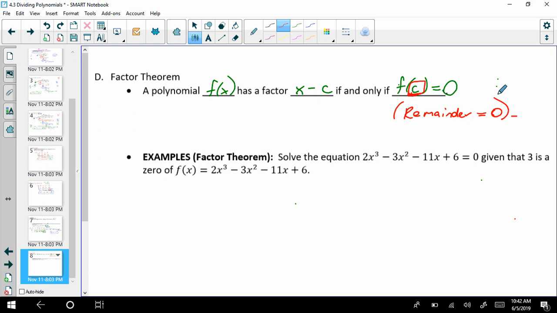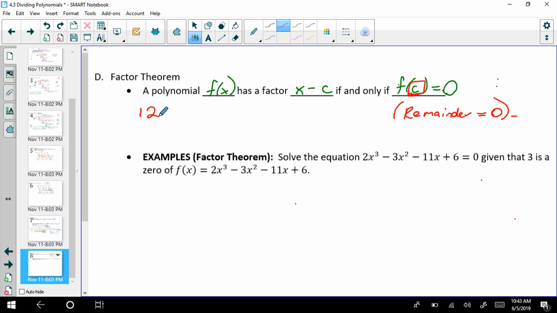You already know this. If I said, hey, suppose I have the number 12, and is 7 a factor of 12? You should say no, and if I asked why, you would tell me 7 doesn't divide cleanly into 12. There would be leftovers. If I said, is 6 a factor of 12?